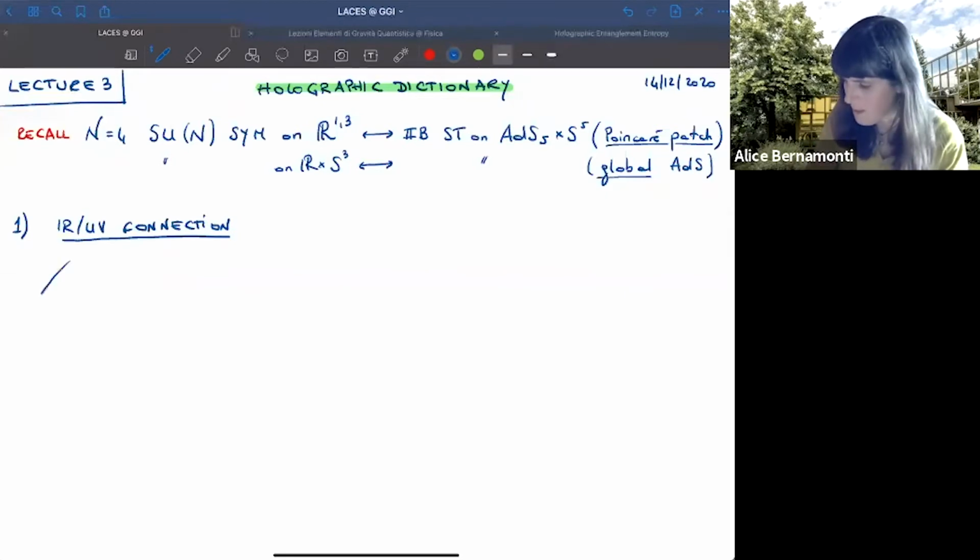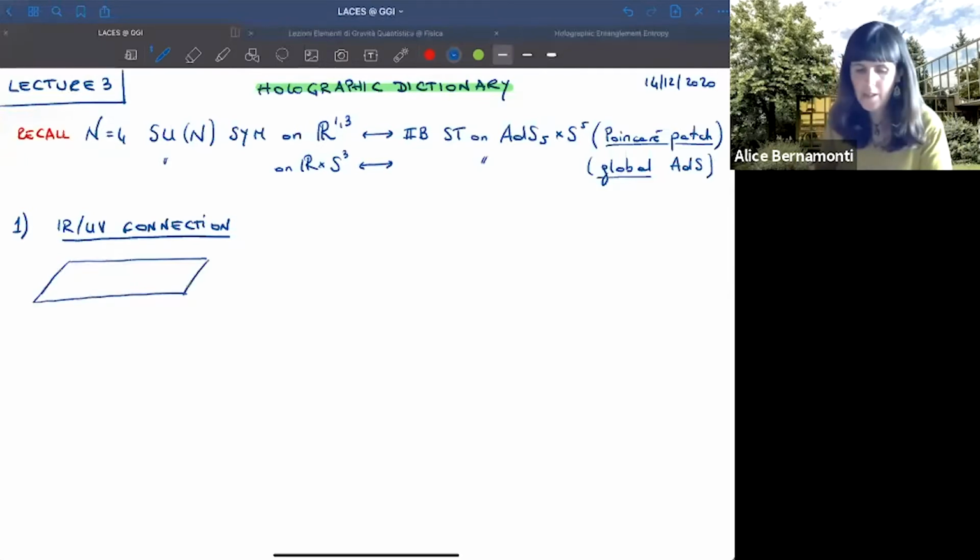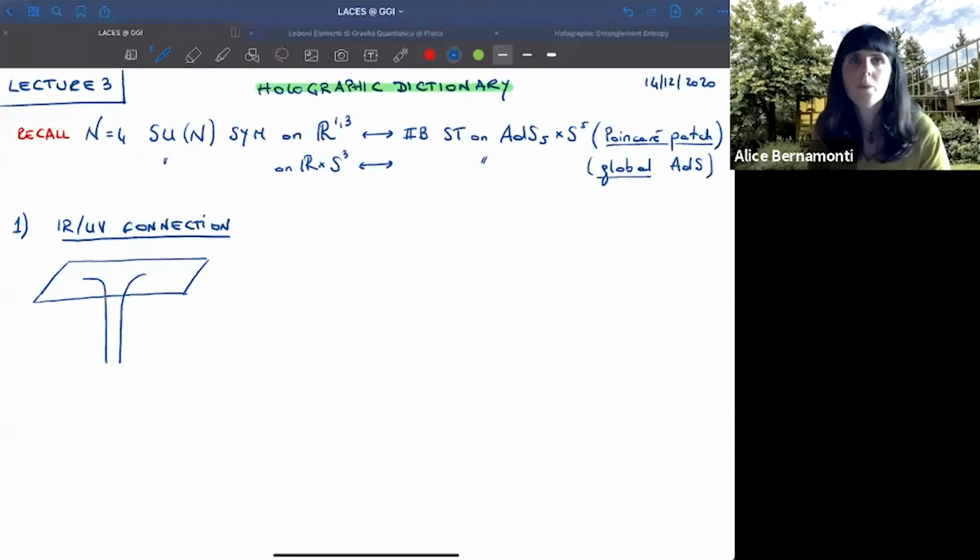Recall that the back reaction of a stack of N coincident D3 branes on the geometry leads to a spacetime which pictorially has this form, in which we have asymptotically 10-dimensional Minkowski space and an infinite throat that develops as we approach what was the location of the D3 branes.